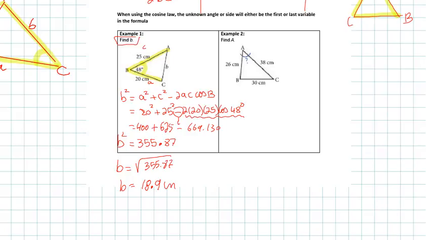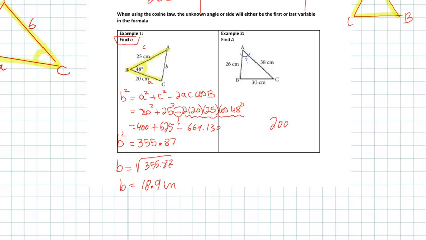Now I want you to try to put all of this in the calculator and see if you get the same answer, because then you don't have to do too many steps. Sometimes a lot of people do 20 squared, which is 400, plus 625.